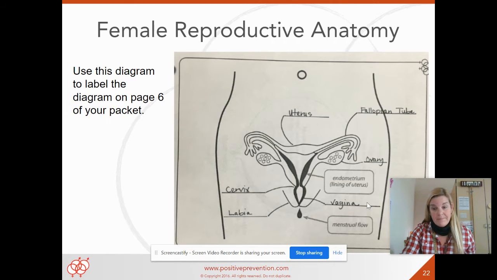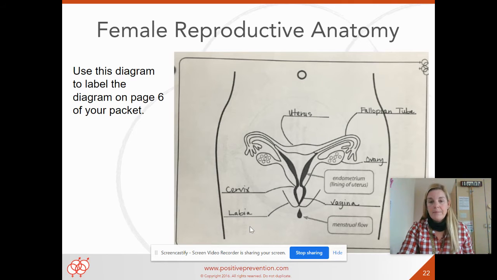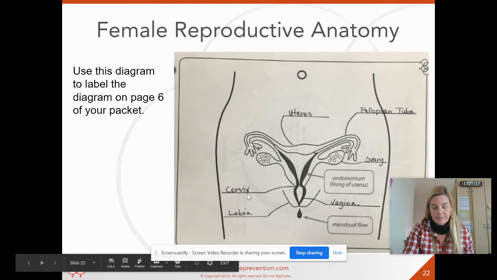Below that, vagina. Below that, menstrual flow. Moving clockwise again, but now moving up, bottom left side, labia. And then above that, cervix.